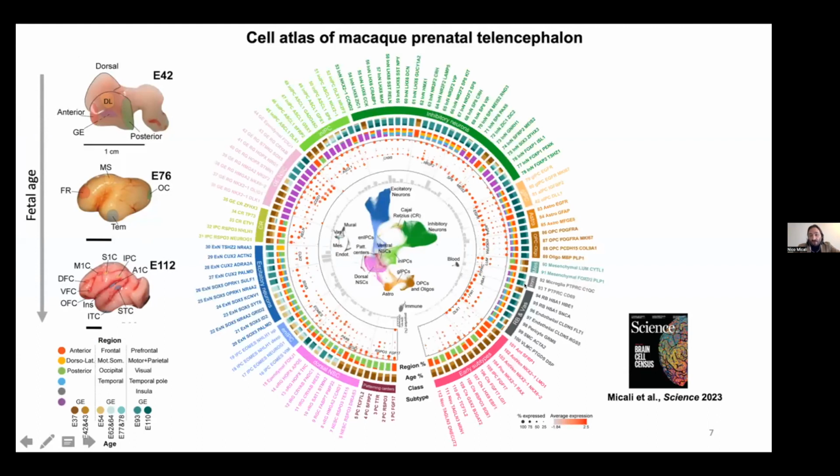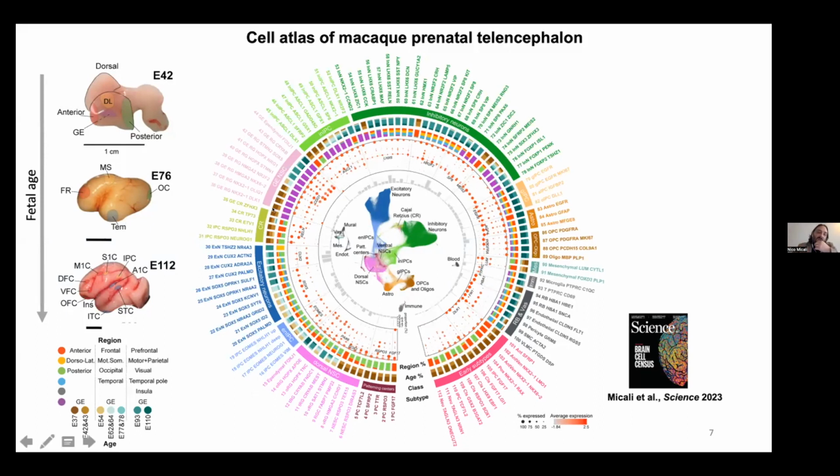Then we performed single cell RNA sequencing. We profiled over 700,000 cells, and we could identify cells of the progenitors of the patterning centers and different radial glial cell types, or better, radial glial cells at different states of development.